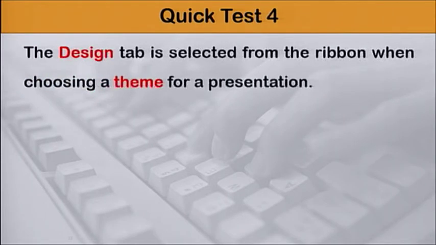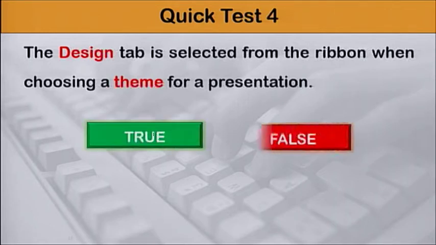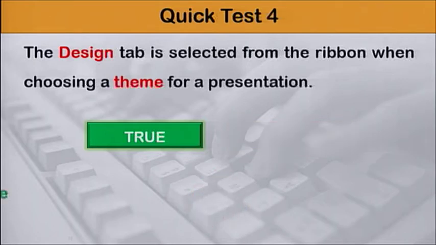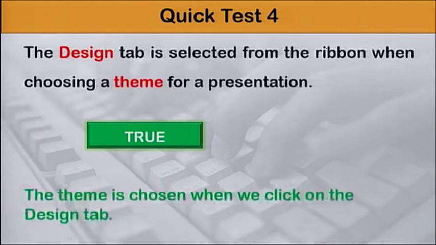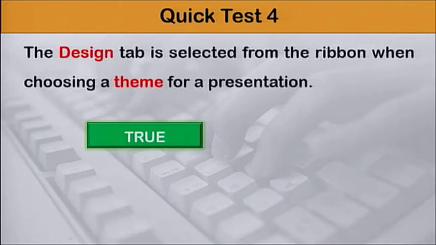Question 4. The Design tab is selected from the ribbon when choosing a theme for a presentation. Is it true or false? The answer is true, as indeed the theme is chosen when we click on the Design tab.